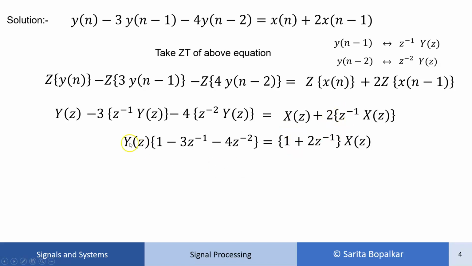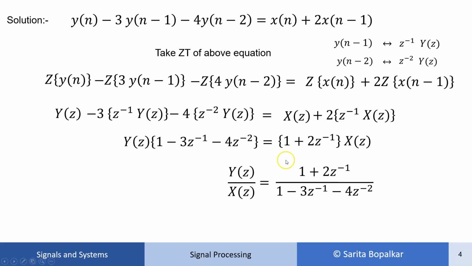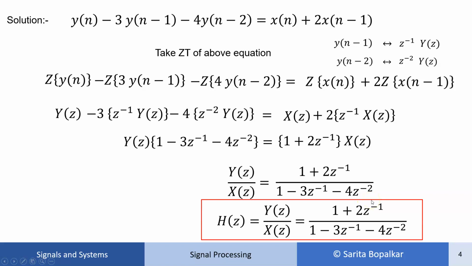Now take the ratio Y of z upon X of z. X of z comes to the left side, and the bracket term goes to the right side. So Y of z upon X of z is equal to 1 plus 2z raised to minus 1 divided by 1 minus 3z raised to minus 1 minus 4z raised to minus 2. This is nothing but your transfer function H of z, the ratio of Y of z upon X of z.